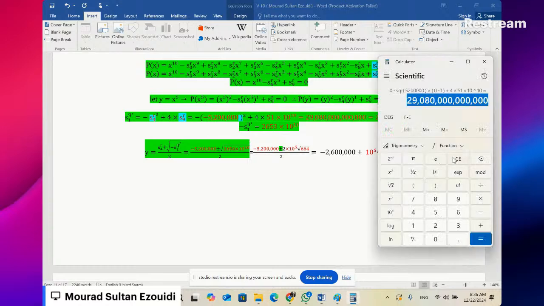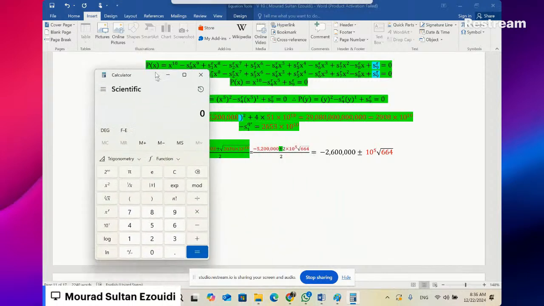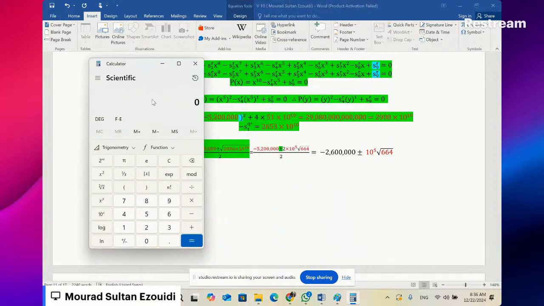First of all, I will make 52 multiplied by 10 raised to the power 5.